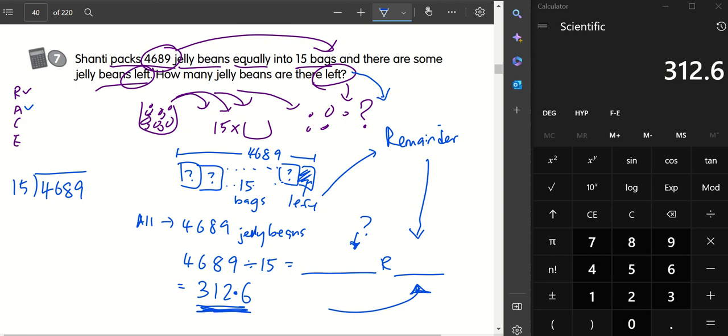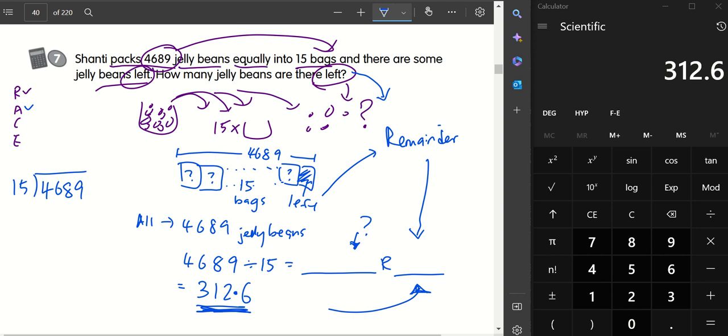Give you some time to think about it. You can pause the video here and think about the questions I just posted. Number one, what does the quotient represent? Number two, how do I get to the remainder if I'm using a calculator?